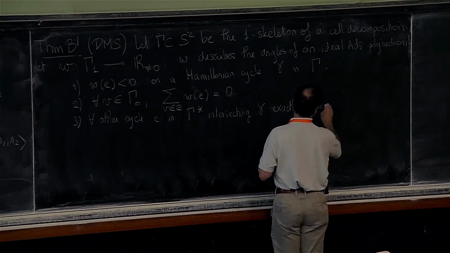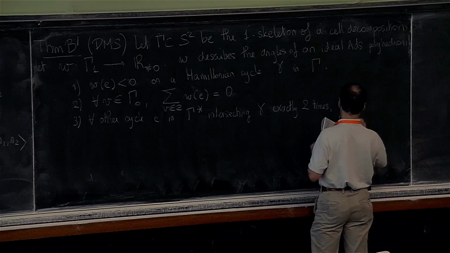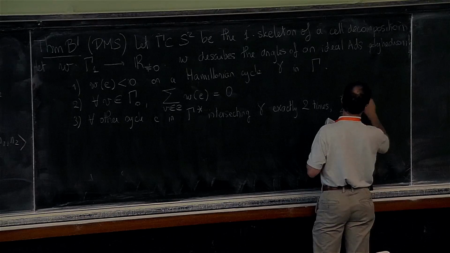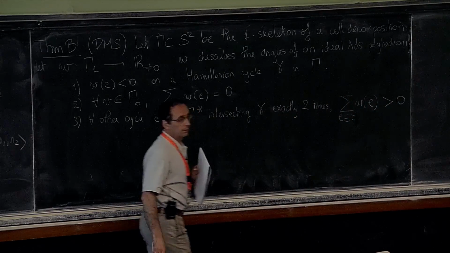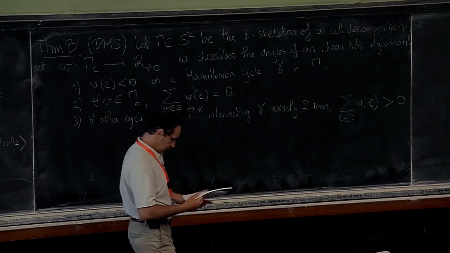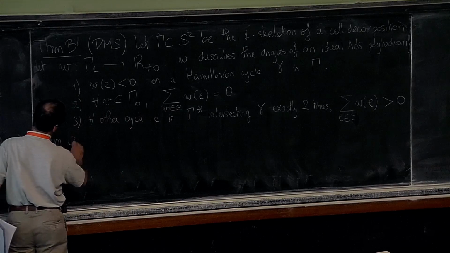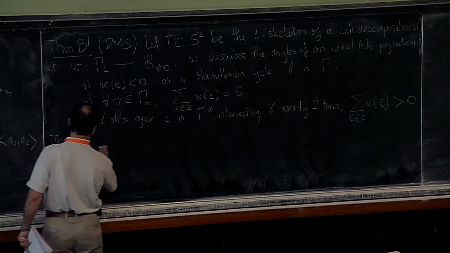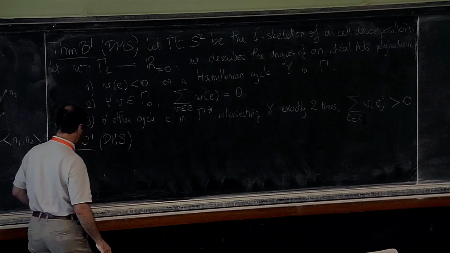Well, then I have that the sum over E in C of W of E is strictly positive. Yeah? So except for those tiny differences, this is almost the same statement. And by the way, I'd like to state another theorem, which is going to be proved together. So it's the analog of theorem C, but in this ADS setting. So it's also proved with Sara Maloni and Jeff Danciger.